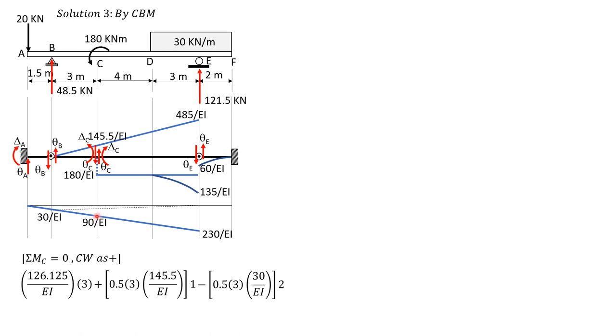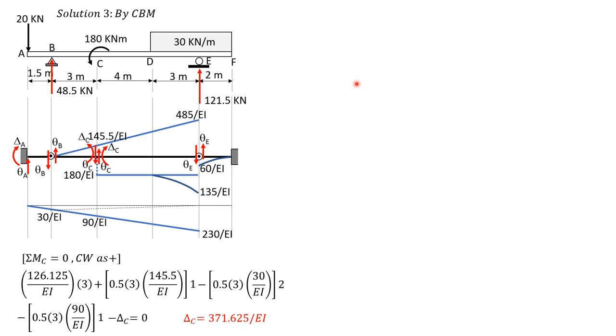Then for this bigger triangle, minus 0.5 of 3 times 90 over EI times 1/3 of 3 is 1. Then minus delta C equals 0. So solving for delta C equals 371.625 over EI is positive. This is the same as the result of the previous two methods.